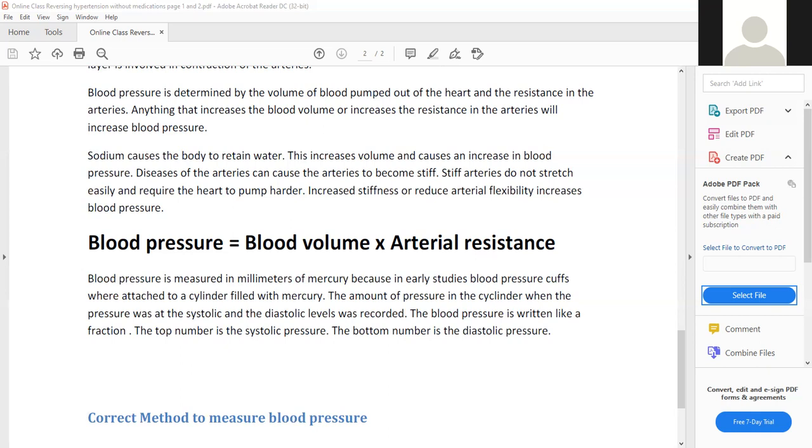So, one of the things I didn't see in my search today is lemon balm, but I have searched lemon balm in the past. Lemon balm is in the mint family and it does lower your blood pressure. It's used a lot in South American countries for hypertension and for diabetes.